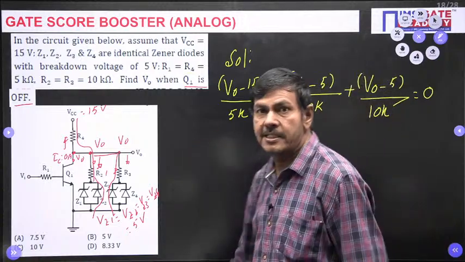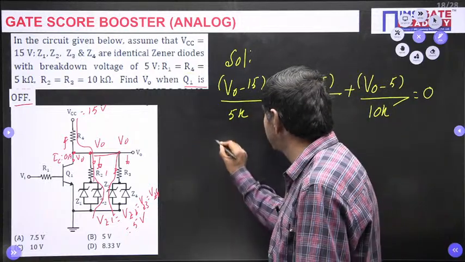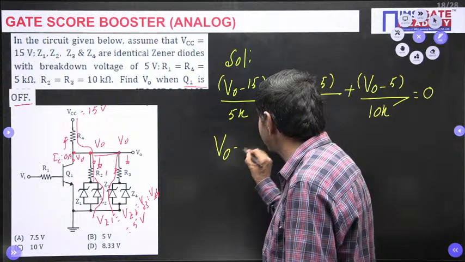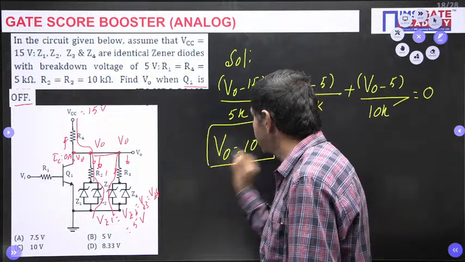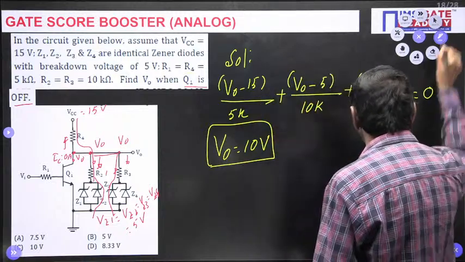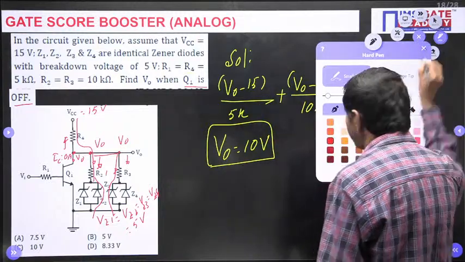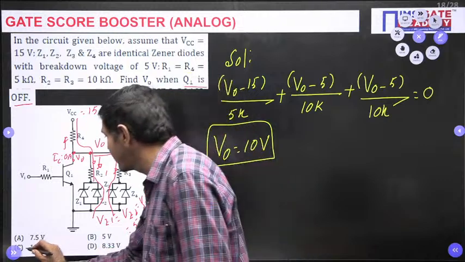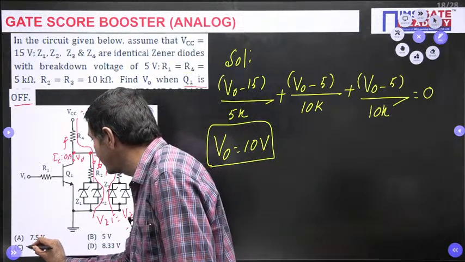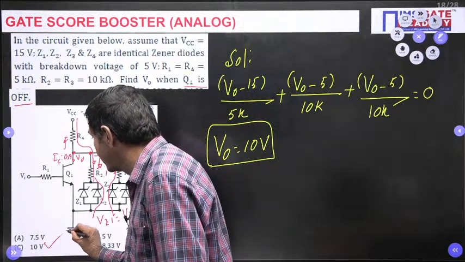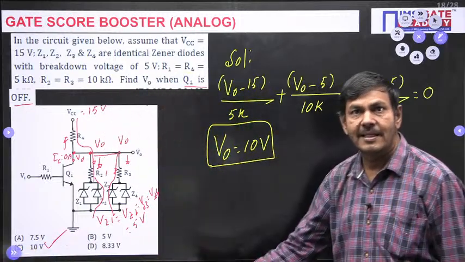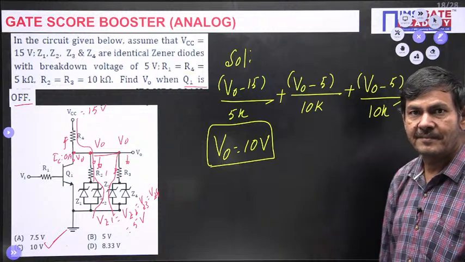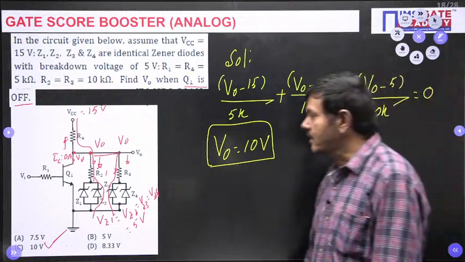Try to simplify this. If you simplify it, V0 comes to 10 volts, exactly correct. So if anybody asks which option is correct, option C is correct. Like that we can complete this question. And I wish to give one more question now.